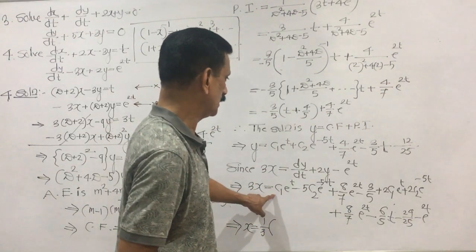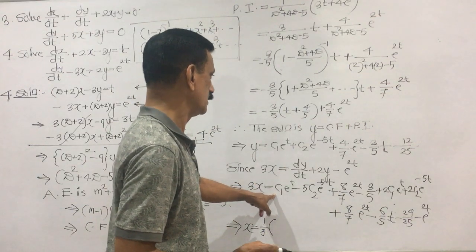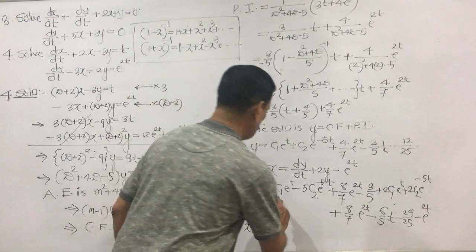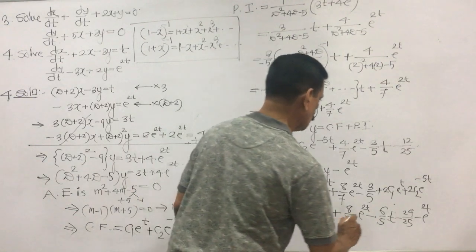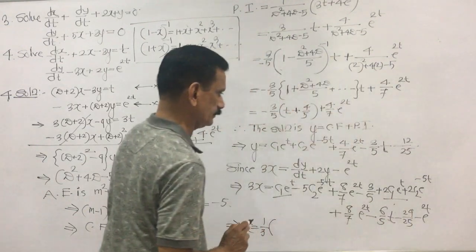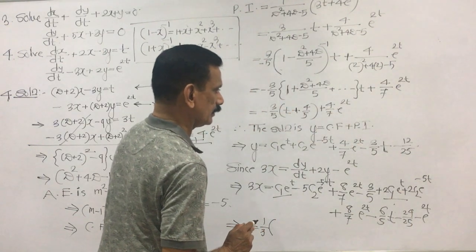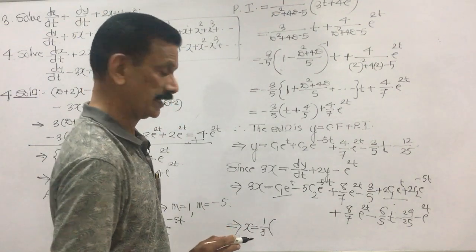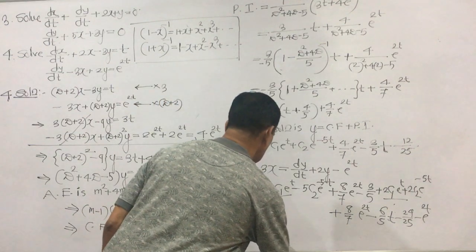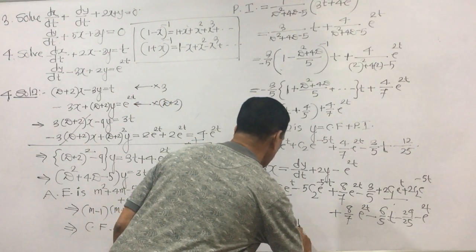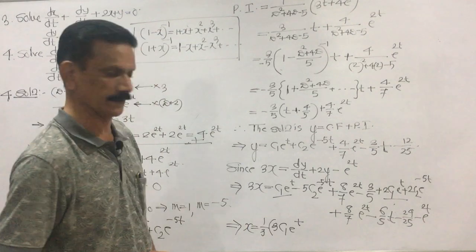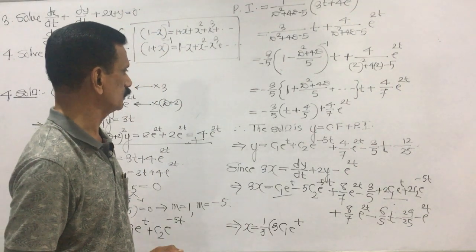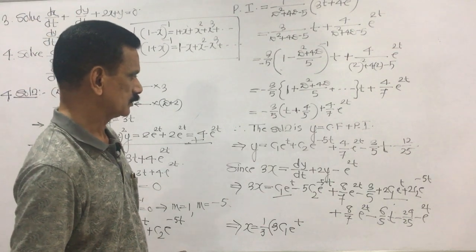So c1 e raised to t: see here, where we have e raised to t, these are the two terms with 3, and the sum is 3c1 e raised to t. After that, my dear friends, I take e raised to 2t.